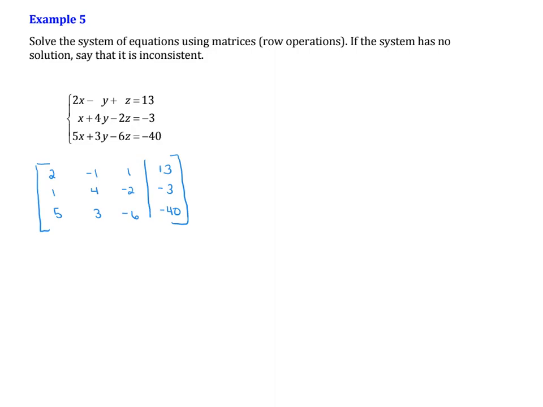And now, let's begin. Can we get a 1 in this first column, first row? And the answer is yes. I could either take this and multiply it all by 1/2, which would be fine. That would give me a 1 here. Or we can interchange 2 rows. So let's interchange these 2 rows.